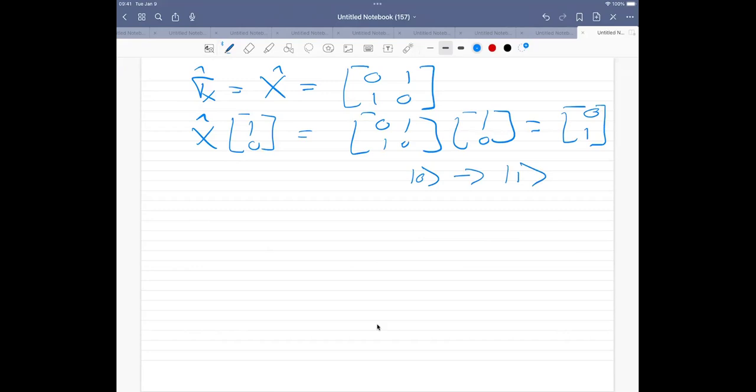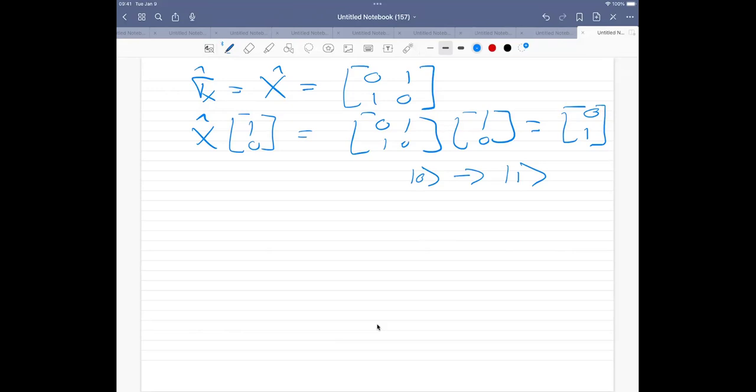Now, this operator, however, does not have 0 and 1 as an eigenbasis, as you can see, right? However, as you will see in one of the exercises this week, it has a linear combination of 0 and 1 as an eigenbasis. So if you want to plot this on the Bloch sphere, you have to make up the linear combination of 0 and 1. So this is one of the exercises which you will play around with a little bit.